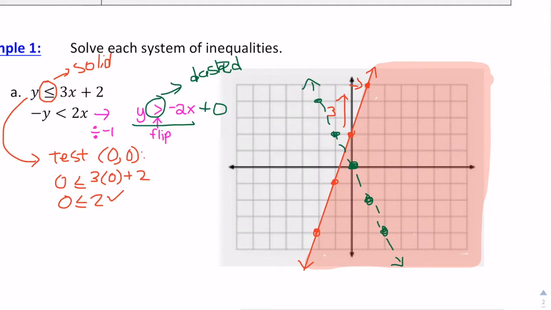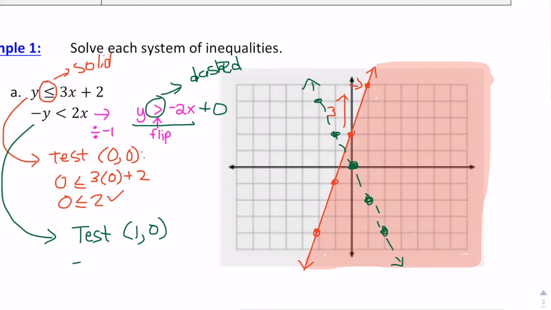And again, you're going to have to decide where to shade. So I'm going to test a point in that inequality. I can't use 0, 0 because that's actually on my boundary. So I'm going to test 1, 0. If I try 1, 0 in my original, or the one I solved for y, it doesn't matter. I'll just plug it in the original.